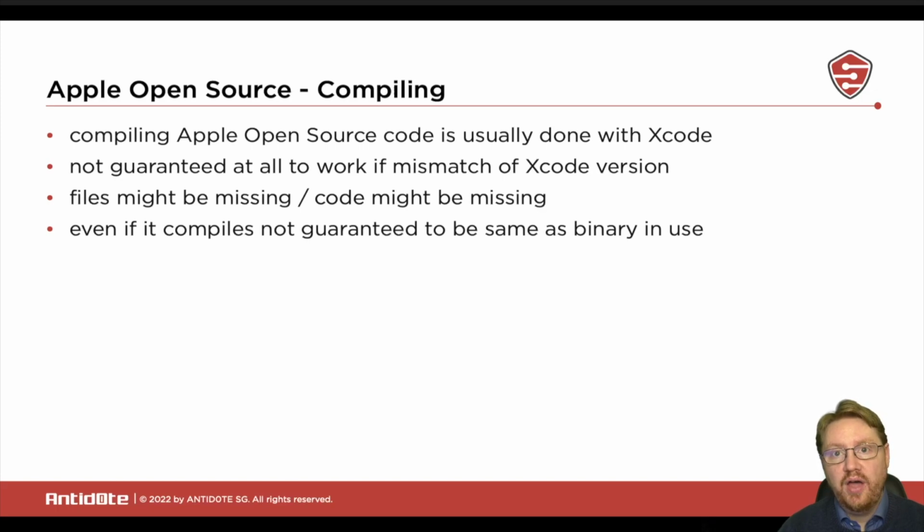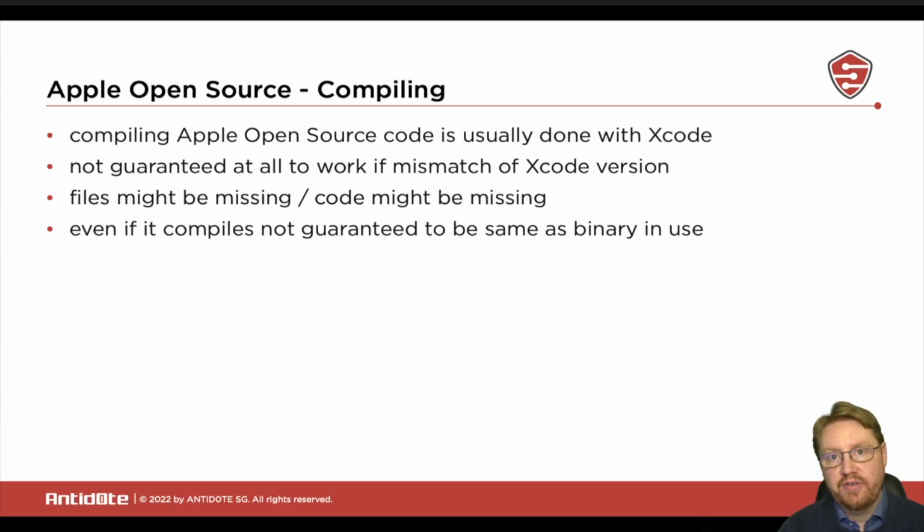So now let's say you have the source code. The next step would be to actually compile the source code. As I said earlier, there could be a makefile system, so you just run the makefile, but usually you do the compilation via Xcode.